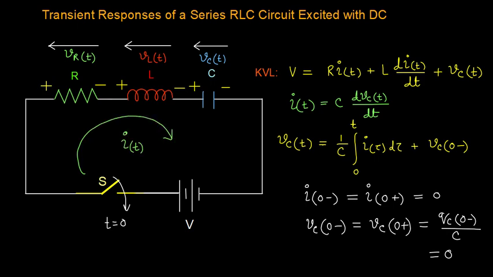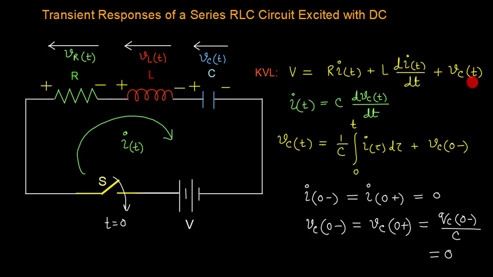Suppose this is the current i(t) flowing through the circuit. So by KVL, we get that the applied voltage V is the sum of the voltage drops across the resistance, inductance and capacitance. V equal to Ri plus L di/dt plus Vc.